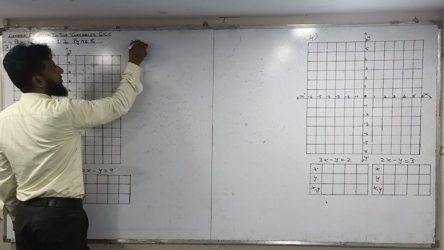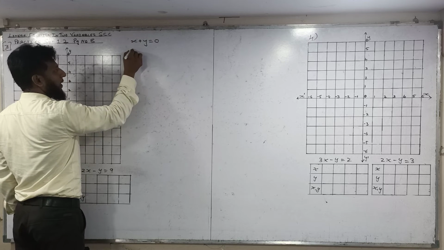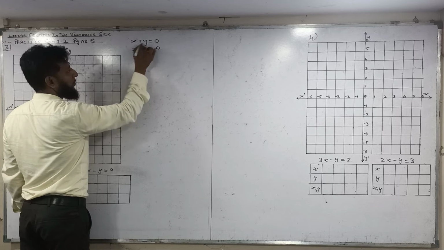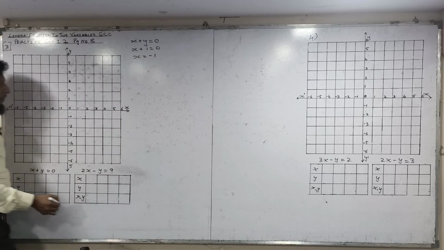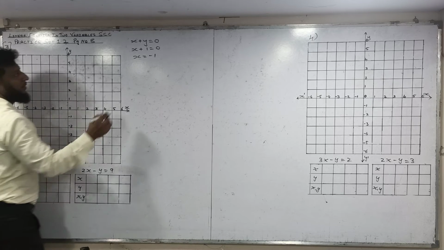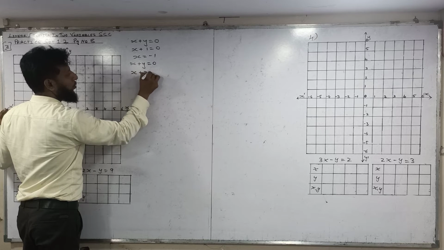See, x plus y is equal to 0. Take y value or x value. I am taking y value. Y value 1. So x value will be plus 1 will go there and become minus 1. So when I am taking y value 1, x value will be minus 1. X plus y is equal to 0. Now 2.